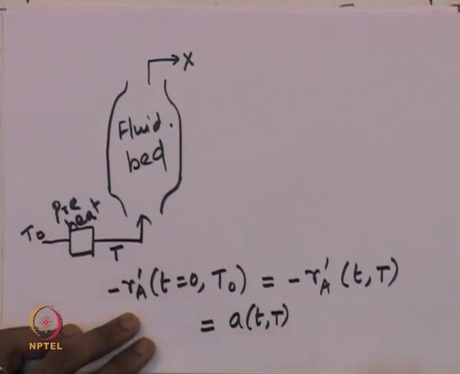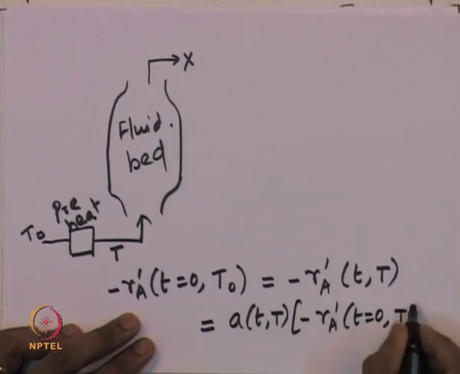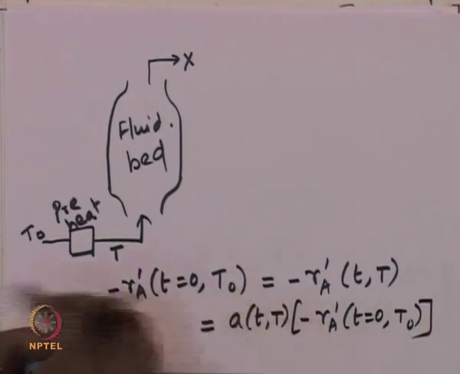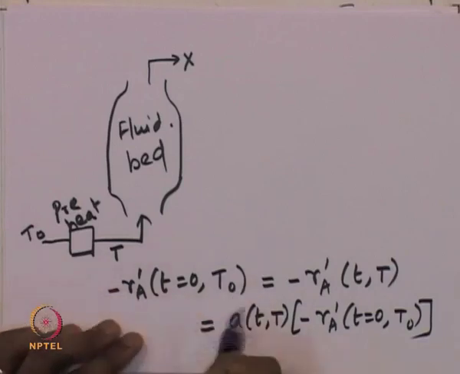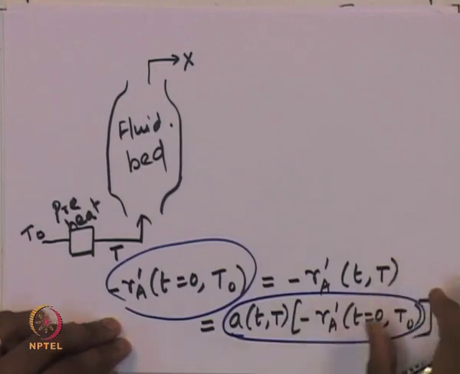The activity is now a function of both time and temperature. These two quantities have to be equal in order to maintain the desired conversion.